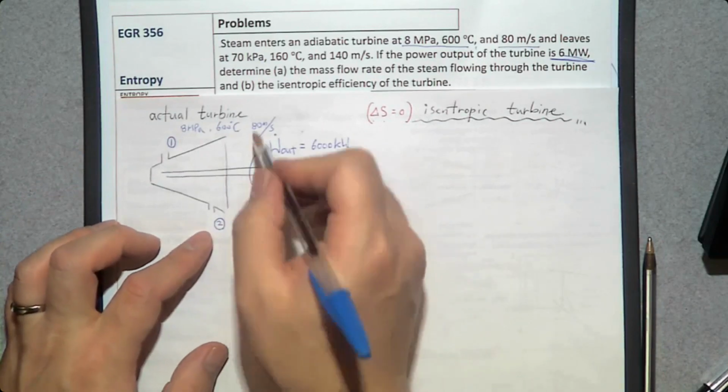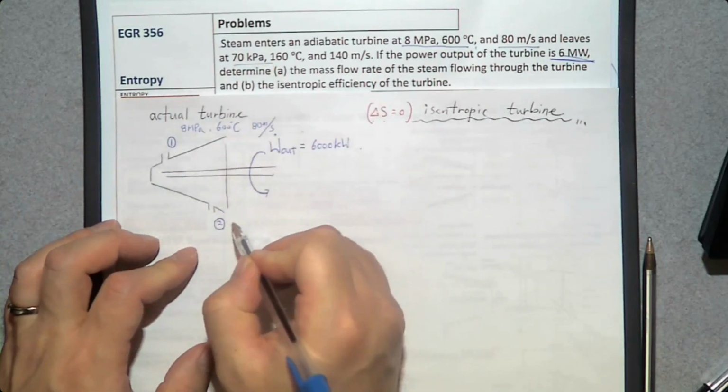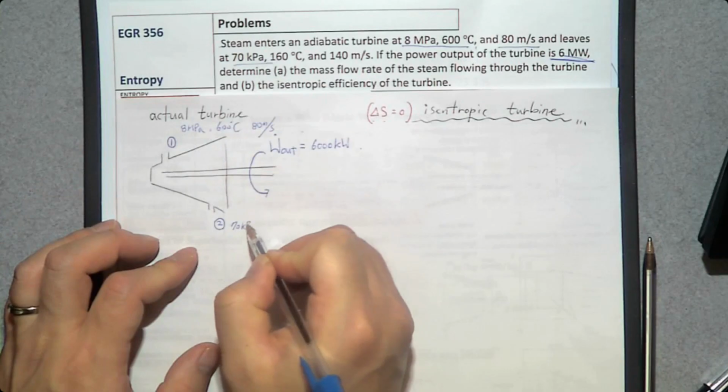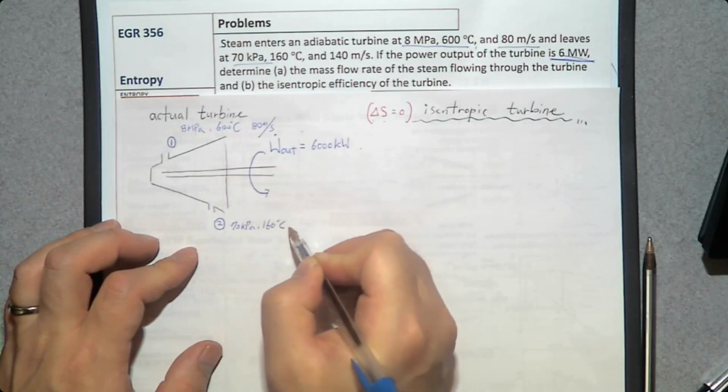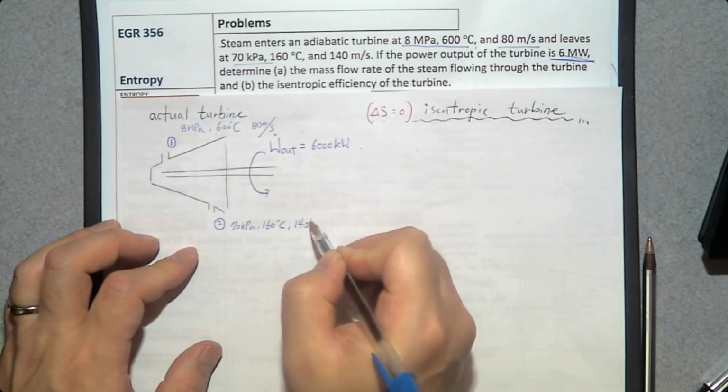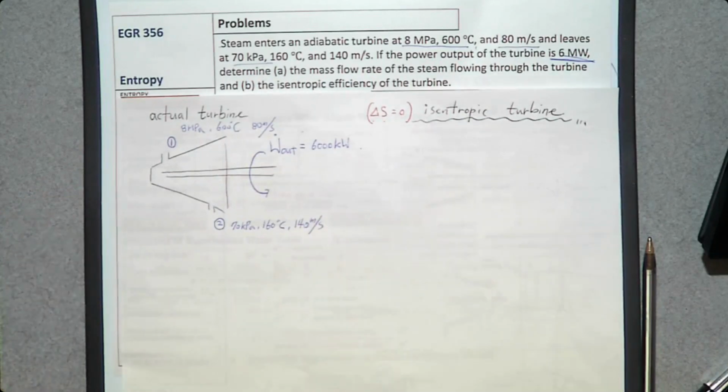Anyway, at the exit, we have 70 kilopascal, 160 degrees Celsius, and 140 meters per second. So we see there is an increase of velocity. That means we need to consider kinetic energy change.